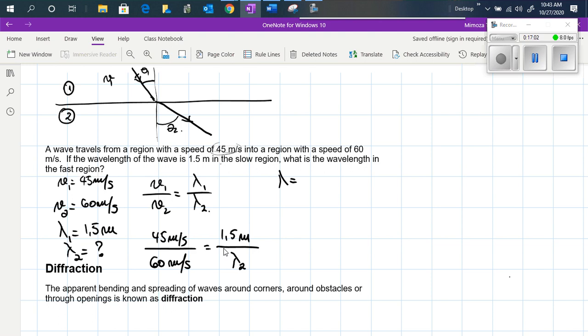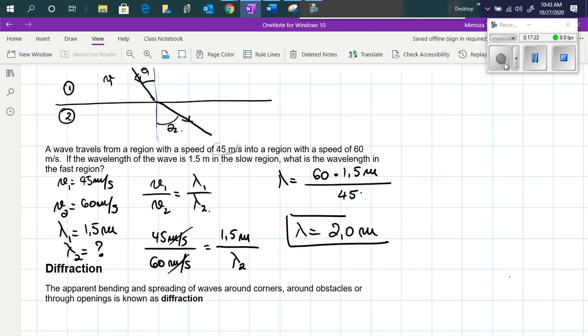From here, lambda 2 will be 60 times 1.5 meters, because meters per second and meters per second cancel out, over 45. In your calculator, lambda 2 will be 2.0 meters. Is this clear?